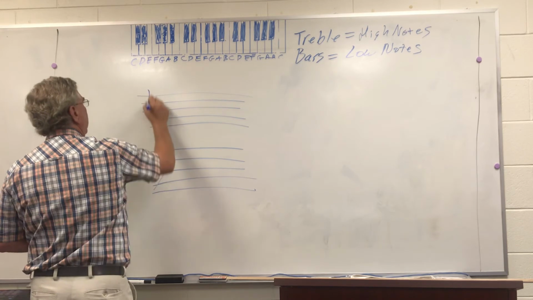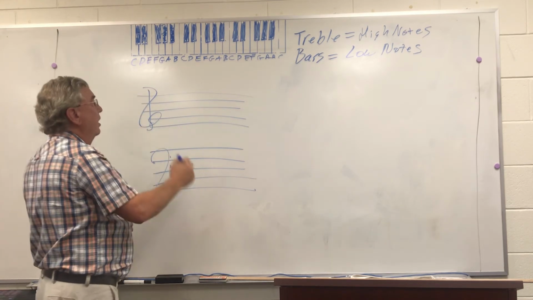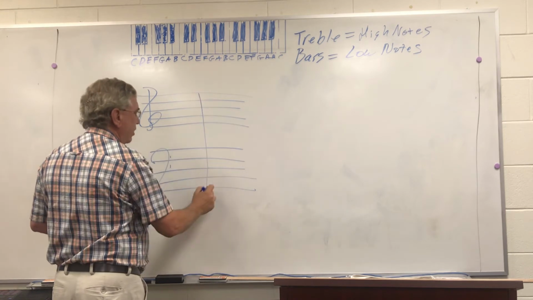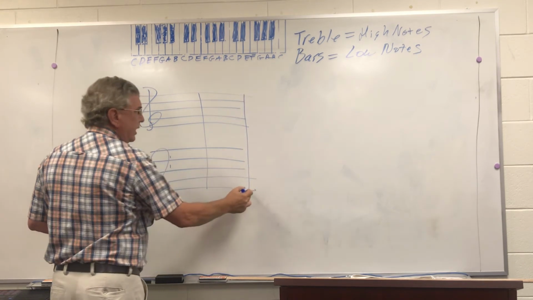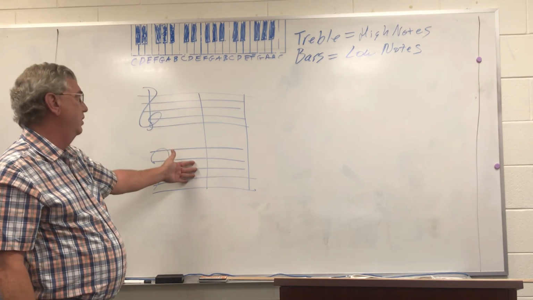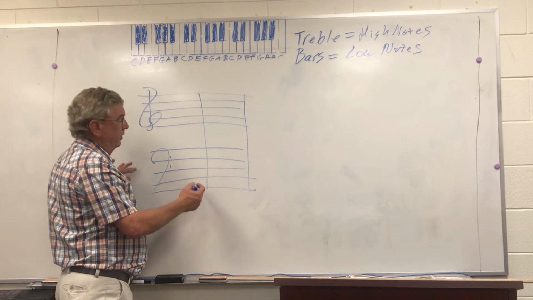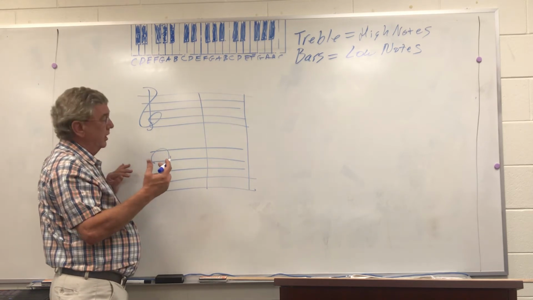This is the bass clef and the treble clef, and we're going to take lines, these are called bar lines, and we're going to connect them together. So now we have the treble clef staff and the bass clef staff. Here's kind of interesting. Let's do just the lines.